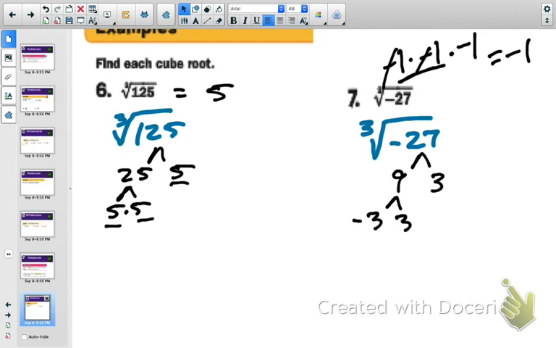So if I do negative 3 times negative 3 times negative 3, well, negative 3 times negative 3 is positive 9. And then 9 times negative 3 is negative 27. So with cube roots, you can have negatives. Square roots, you cannot. That's because 3 factors can be negative, but 2 factors can't, because they would cancel out. So this one would be negative 3.